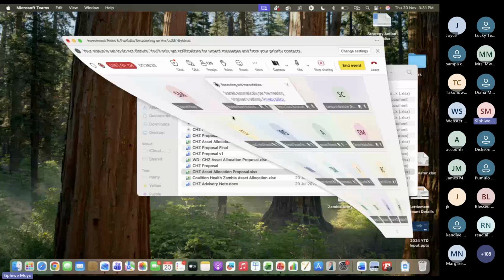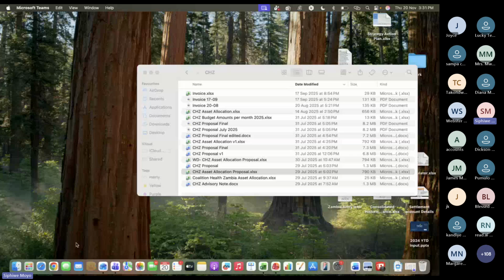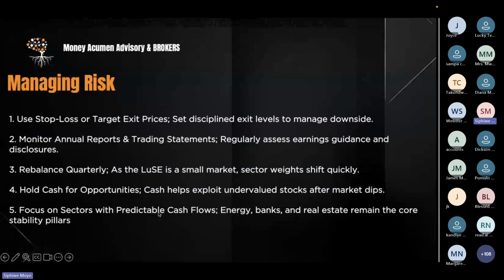Okay. All right, so we're on managing risk, and my last point before I was kicked out was monitoring of annual reports. And I mentioned as a value addition to our services, we do provide summaries on what is happening on the exchange, overall performance on the exchange, company specific, and any other announcements that are happening on the stock market.